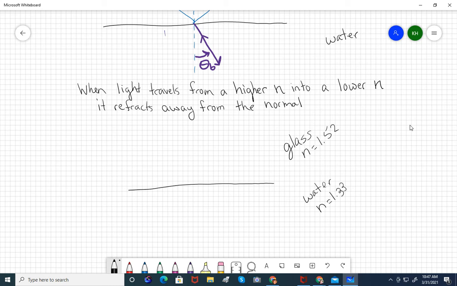Okay, if we start off with the material, well, I better draw the ray before I draw the normal. It's easier to get the normal right that way. If I start off with an incoming ray now, again, here's the normal.